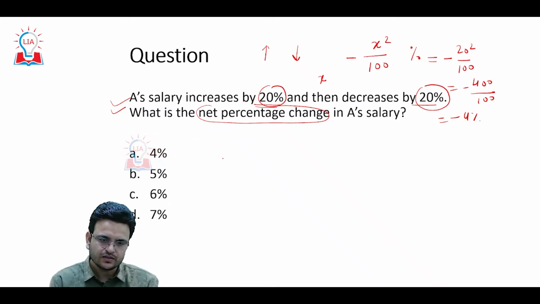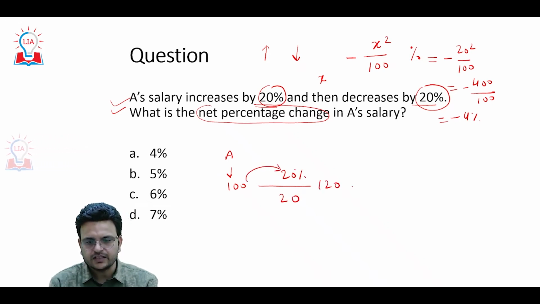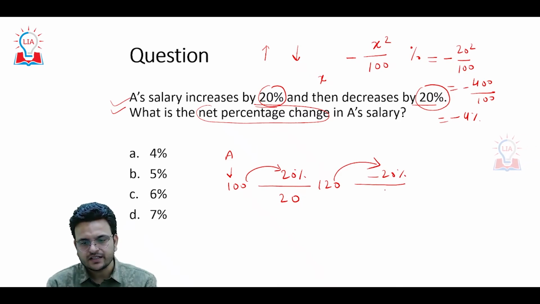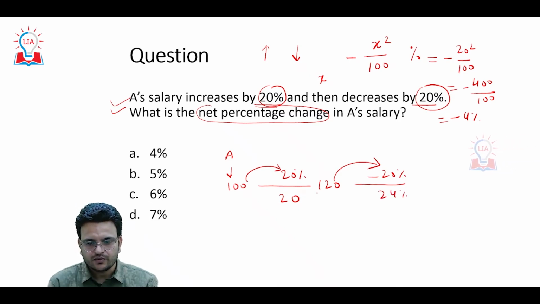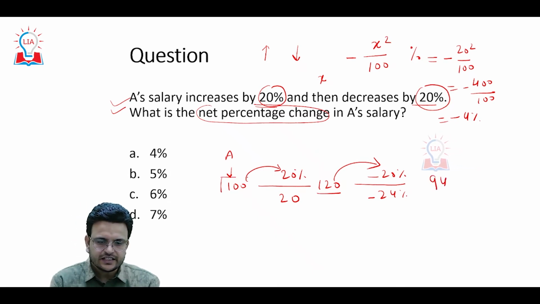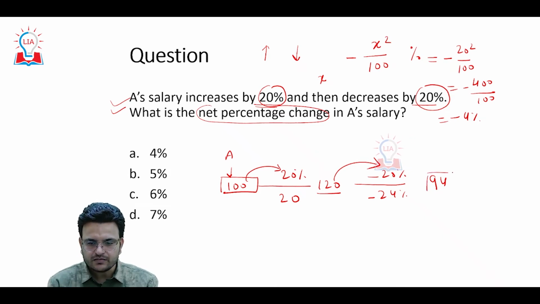Second way, just assume the salary is 100. 100 is increased by 20%. 20% of 100 is 20. It becomes 120. Again decrease by 20%. 20% of 120 is 24. 120 minus 24 is 96. Initially the salary was 100, now it becomes 96. So how much change?